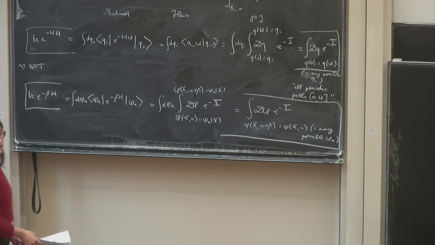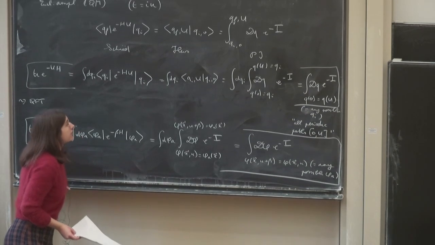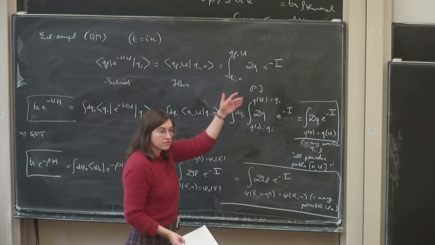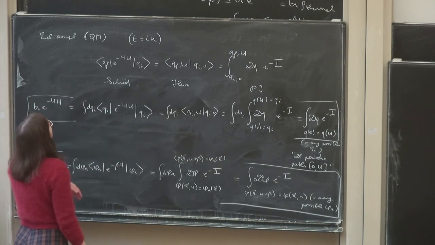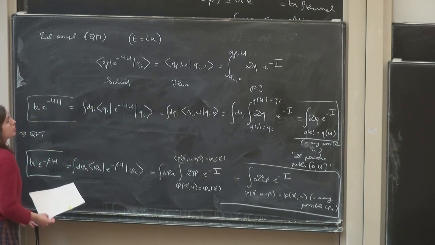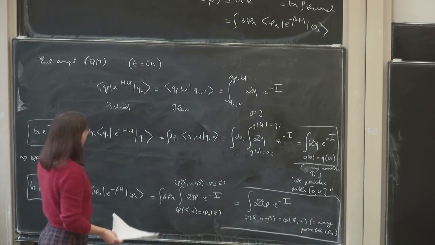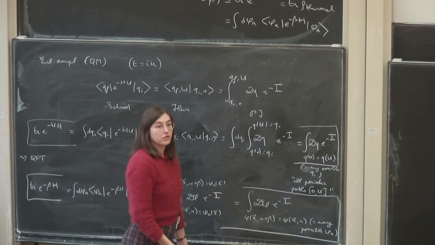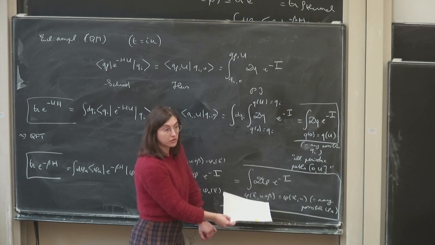Right. So what we find just from knowing that the Euclidean amplitudes are path integrals, we find that the trace of this Euclidean amplitude, which is precisely what gives us the partition function of a thermal QFT, is given by a path integral over periodic paths of length beta in Euclidean time.